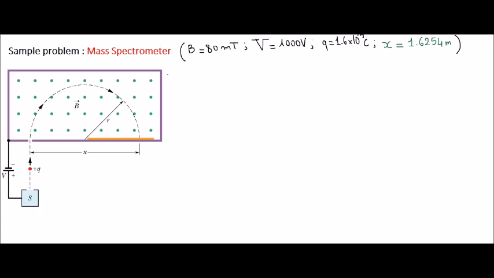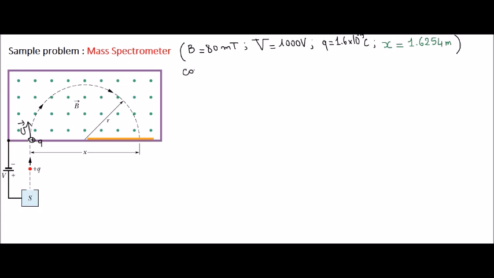We will be solving this problem in two steps. The first step, we will use conservation of energy to get the velocity of the ion when it enters the magnetic field region. So I want this v. Basically the ions start from rest.